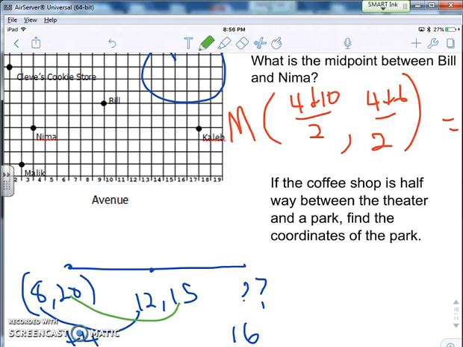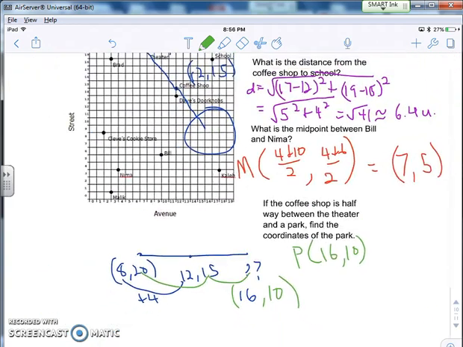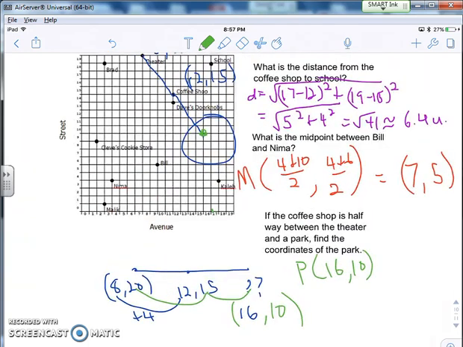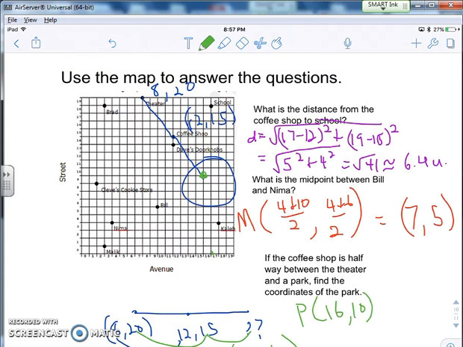This is -5, -5 more is 10. So the park should be at the coordinate 16, 10. And 16, 10, looky there. Looks about right. You could always count it backwards if you wanted, so however you count to the coffee shop should be the same count to the theater.